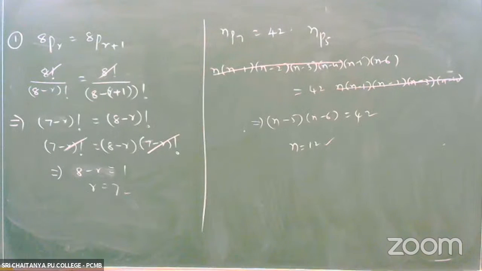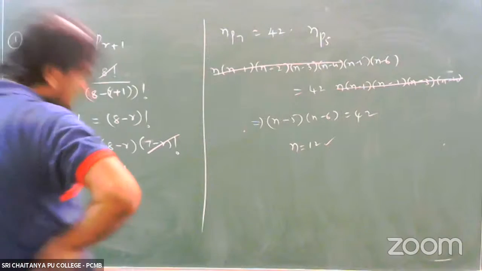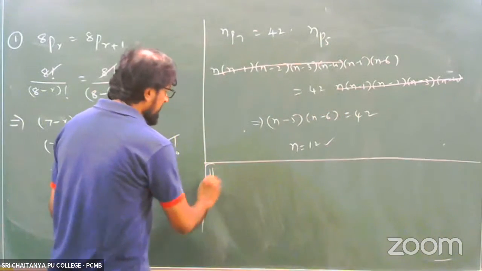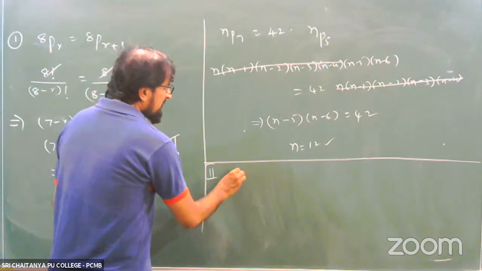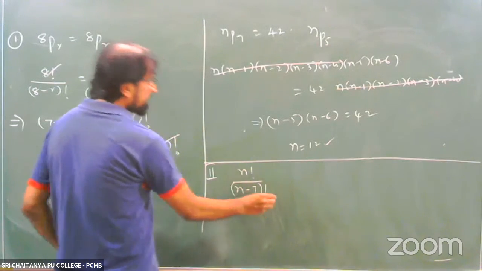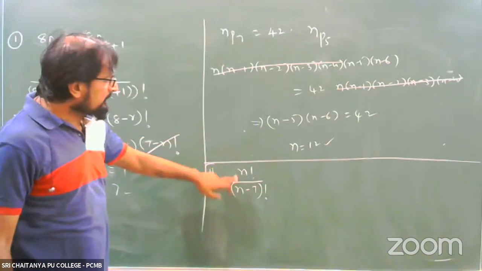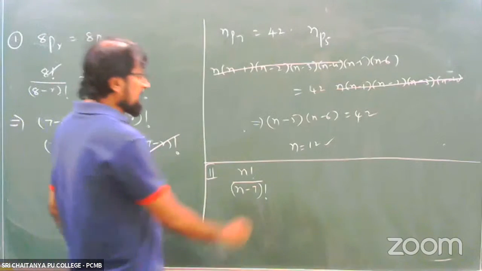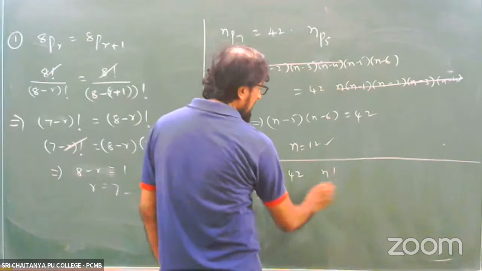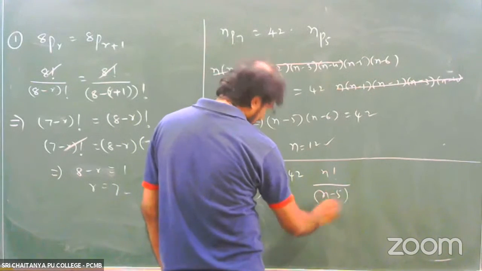Sir, you can ask me, sir, suppose NP12 is given to you, sir, what to do? Means second method is applicable. What is the second method, sir? N factorial by N minus 7 factorial, NP7. N factorial by N minus 7 factorial is equal to 42 into N factorial by N minus 5 factorial.